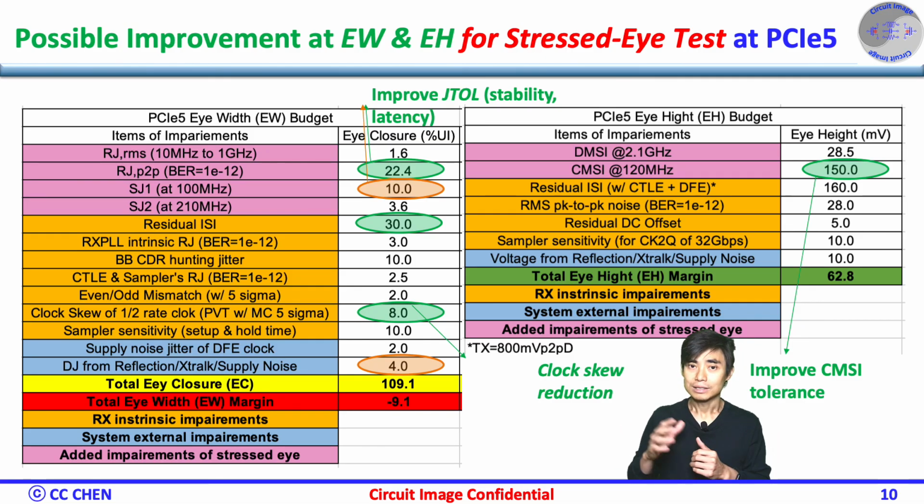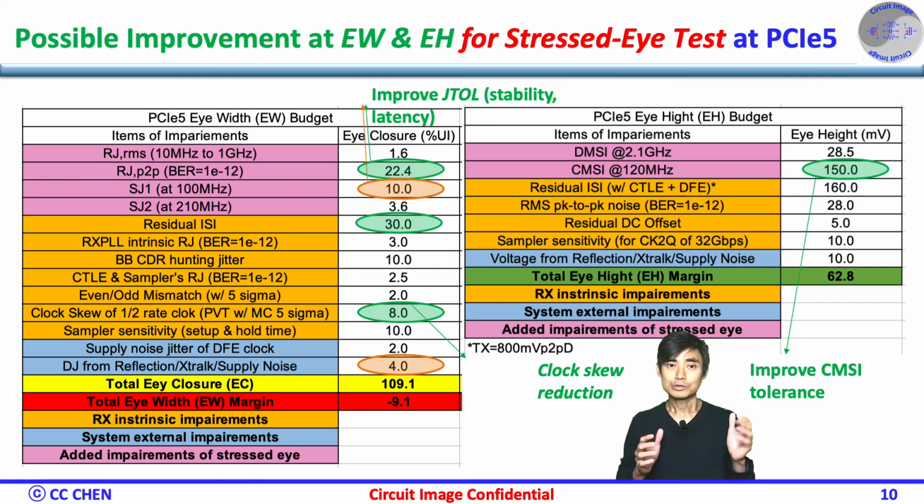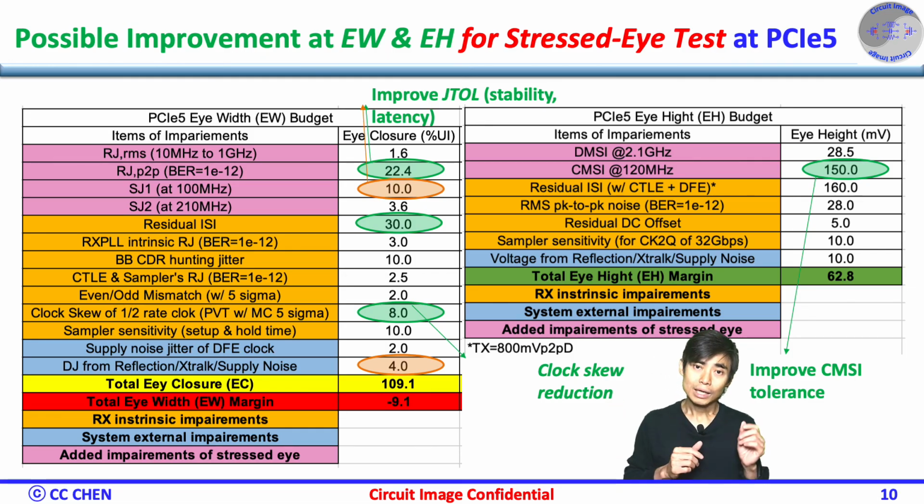Similarly, from the external jitter like SJ at 210 MHz, that's almost impossible to track, and we may focus on the more tolerant SJ at 100 MHz if possible. But in most CDR topologies, it might not be easy to have a wider tracking bandwidth than 100 MHz, and that's still nothing we could do.